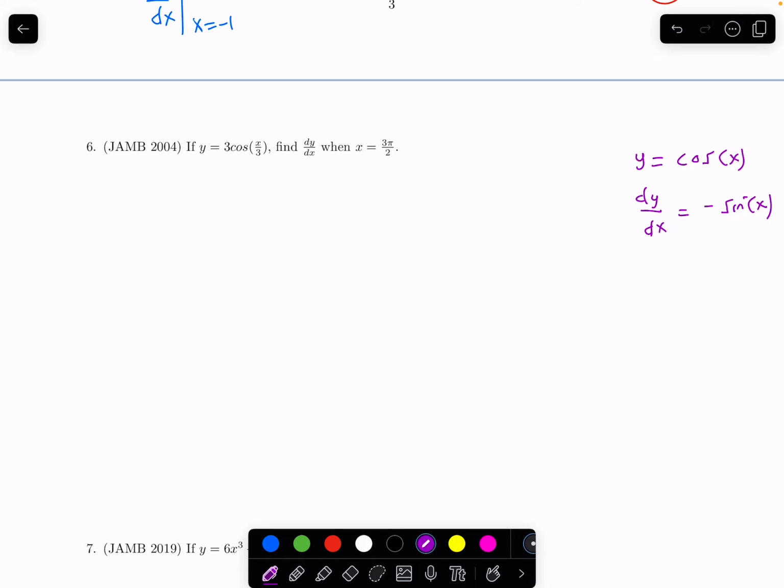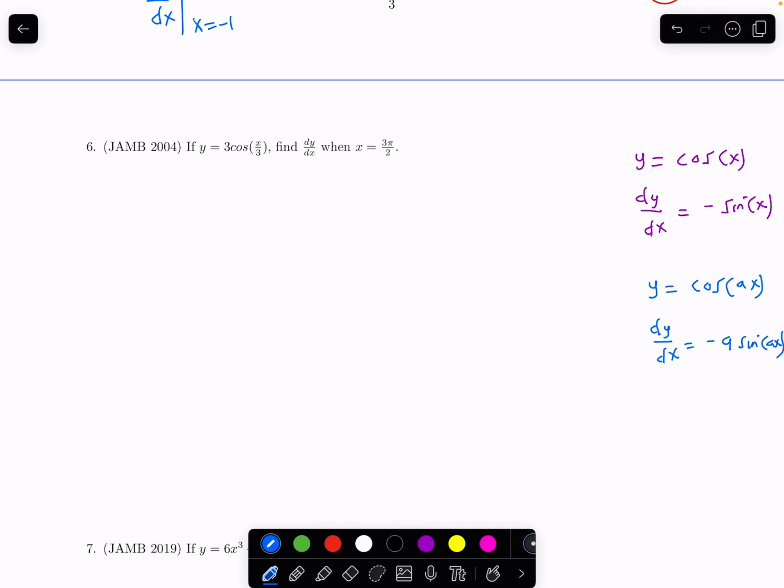Also, if my y is equal to cos ax, dy/dx is going to be negative a, the constant a comes out, then I have sine ax. So recall this, right? We are going to apply this here.